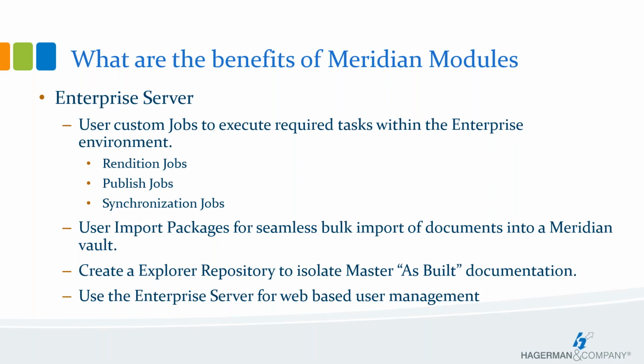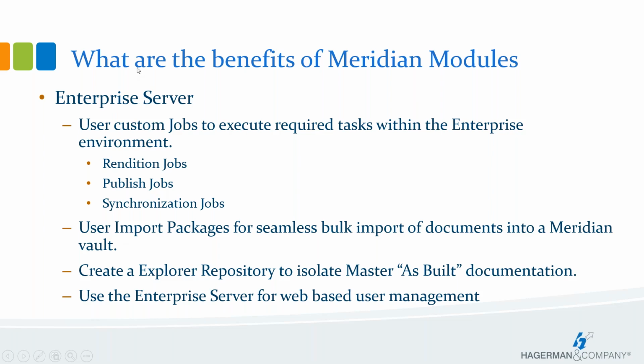The Explorer environment is your read-only master copies that are updated so your viewers can see those renditions and find those renditions and have very searchable data there. So it's three examples of custom jobs that you can use within the environment.